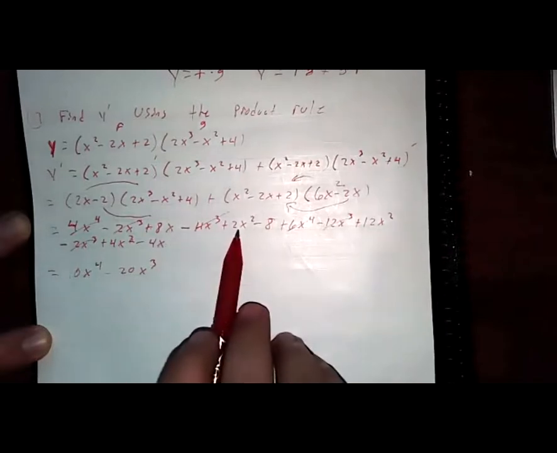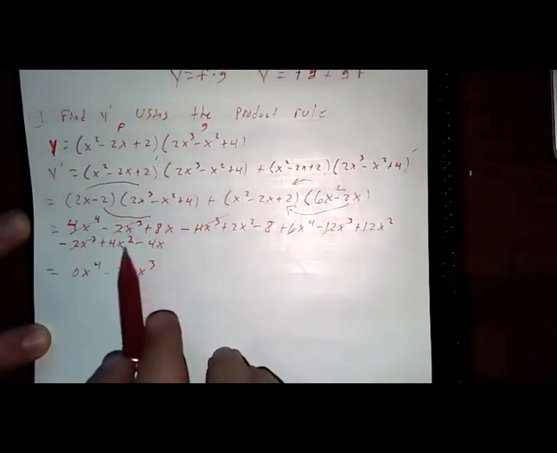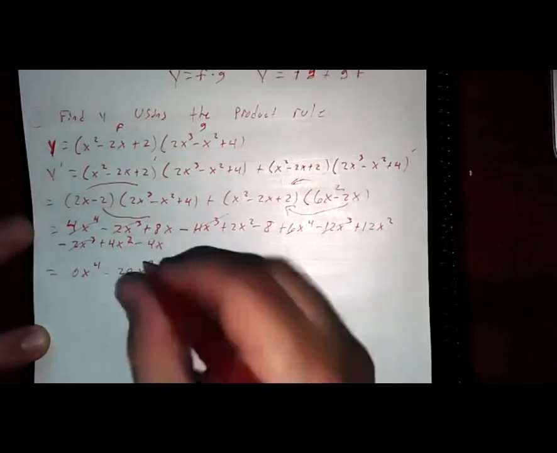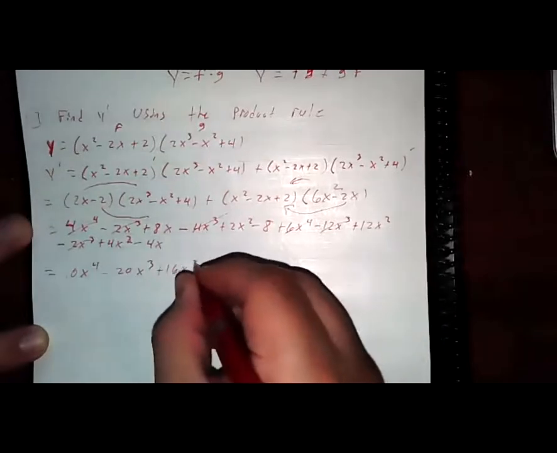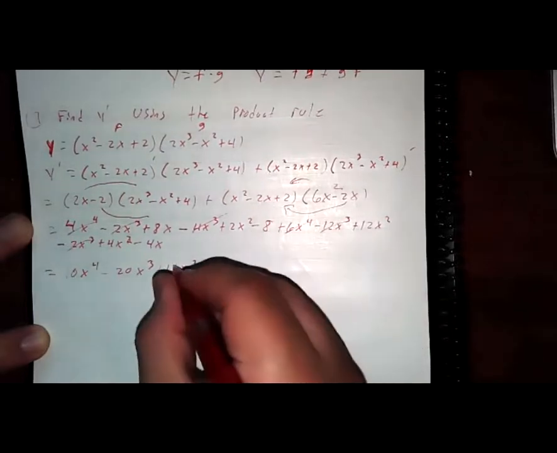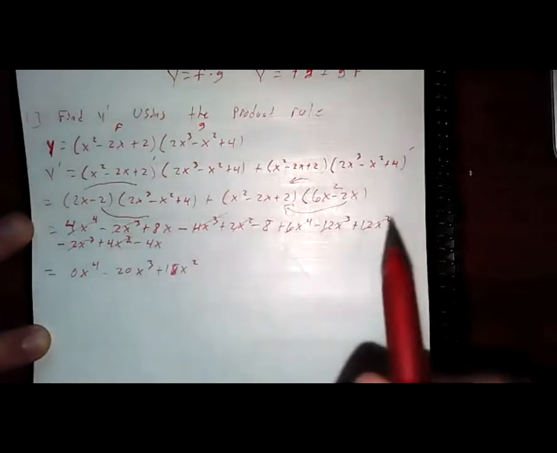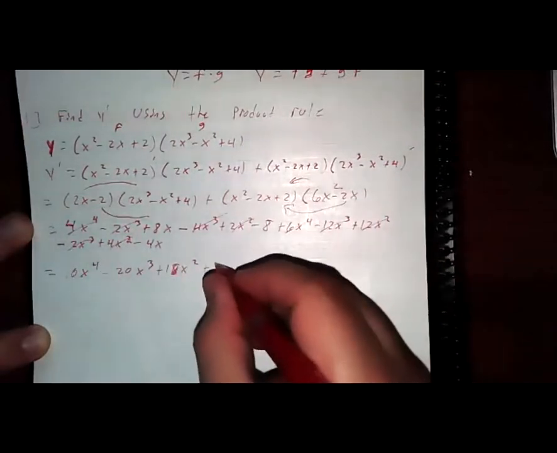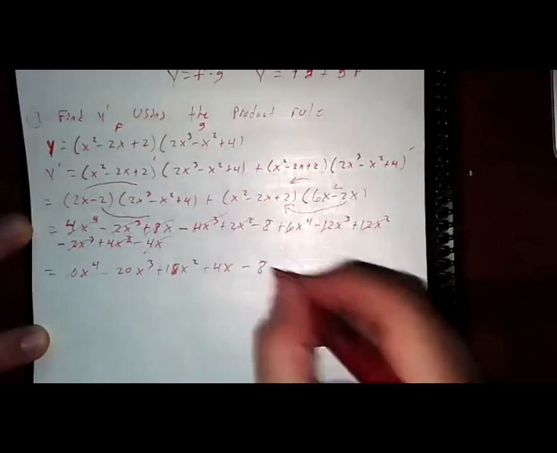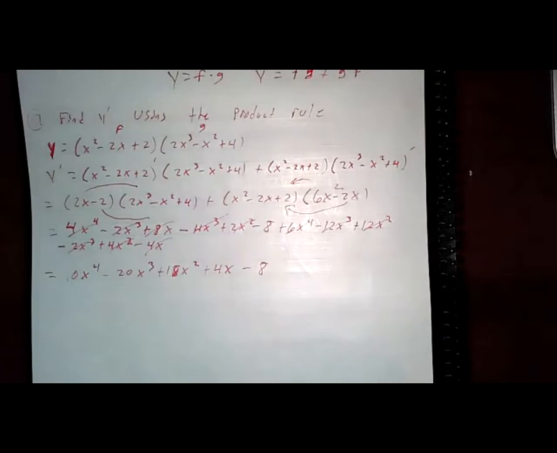Squares. 2 plus 12 plus 4 is what, 16? Right? Or did I mess that up? 18. Yes. 18? Oh, thank you. Okay. Now, x's. 8 minus 4 is only 2, right? And then the constant. Finally. Looks like answer B. Yeah, we got it.